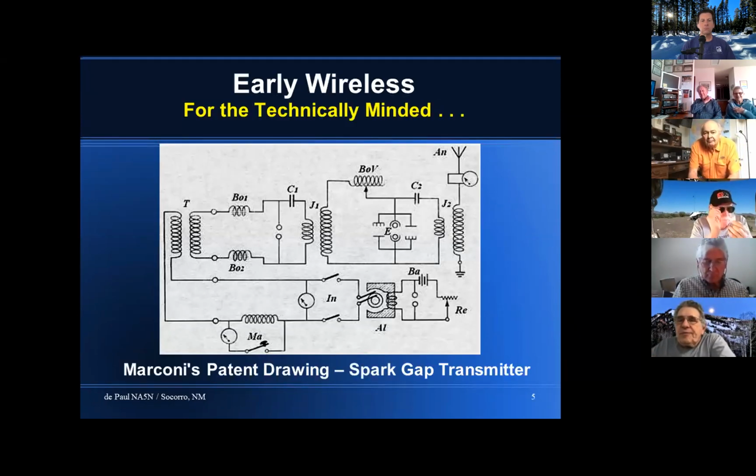Now, for those of you with a technical bent, here is a schematic of Marconi's patent drawing for his spark gap transmitter. Basically it is a series of amplification systems, and the purpose was to build up sufficient voltage to jump a spark gap and create a transmission.